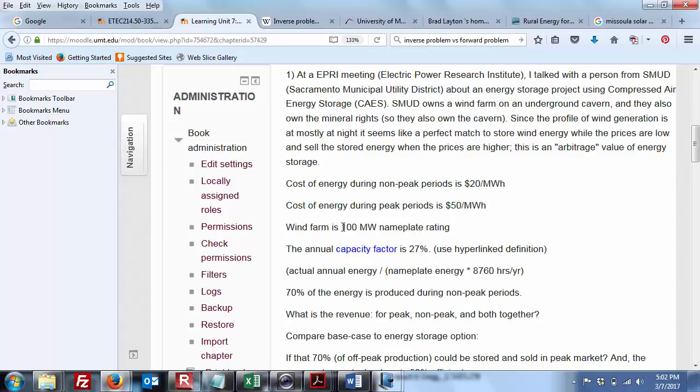The wind farm is capable of making 100 megawatts. That's at full tilt. The capacity factor is 27%. It's not running at 100 megawatts 24/7. It's running an average of 27 megawatts. Sometimes it's 100, sometimes it's 0, but on average it's 27. That's what the capacity factor is.